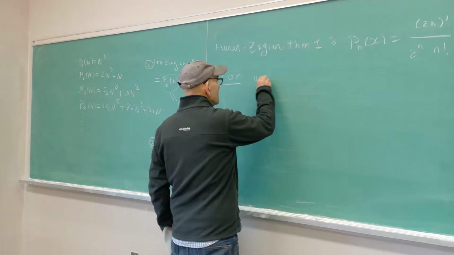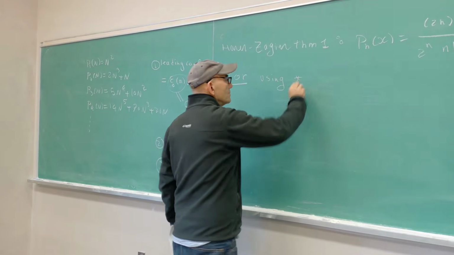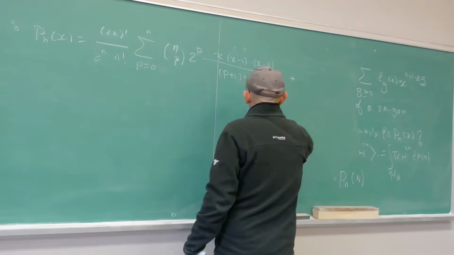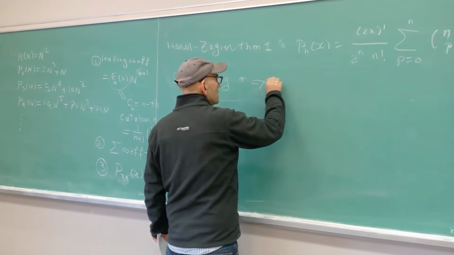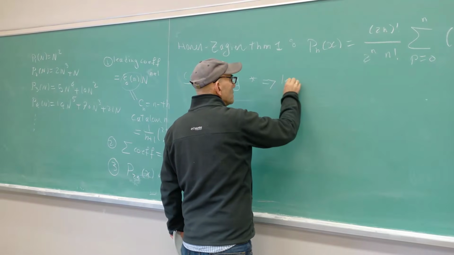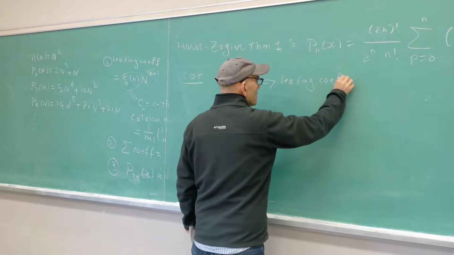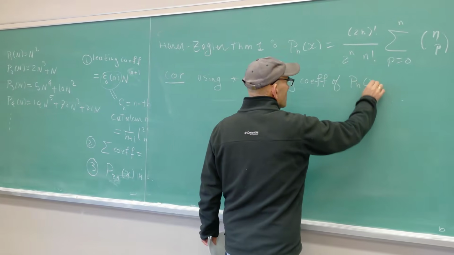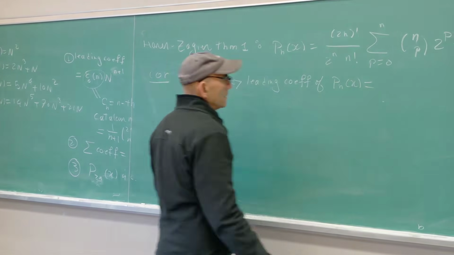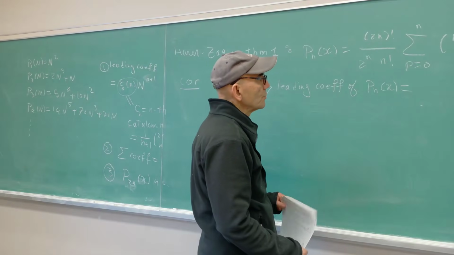Using that formula star, we get that the leading coefficient of P_n(x) is obtained if you put p equal to n.